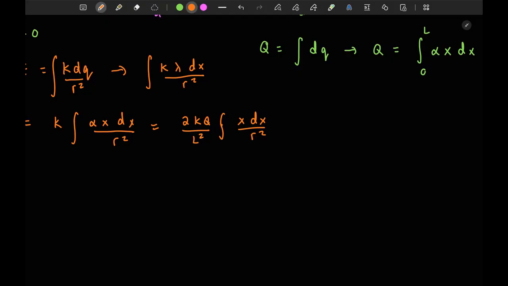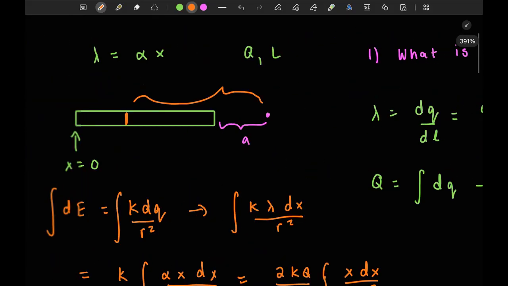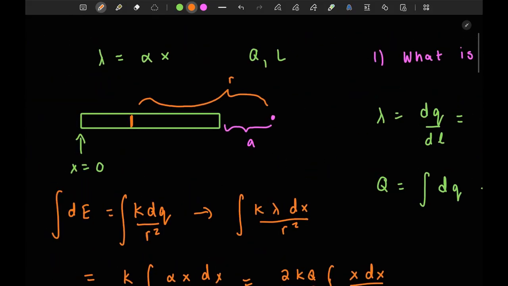So one last step, we need to think about how r varies with respect to x, and for that we'll rely on our diagram. I've indicated r. We have our arbitrary x coordinate over here. And what we'll notice is that x plus r, which denotes our entire distance from x equals 0 to the point at which we want our electric field, is equal to L plus a.